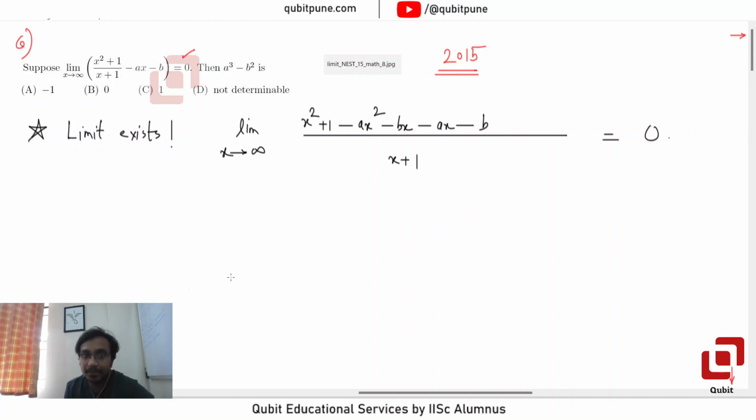Now observe, degree of denominator 1, degree of numerator 2.